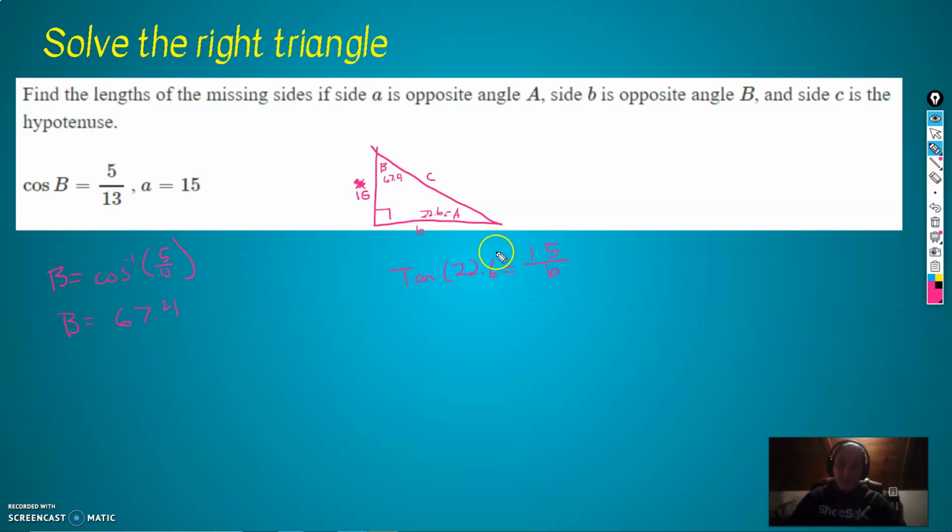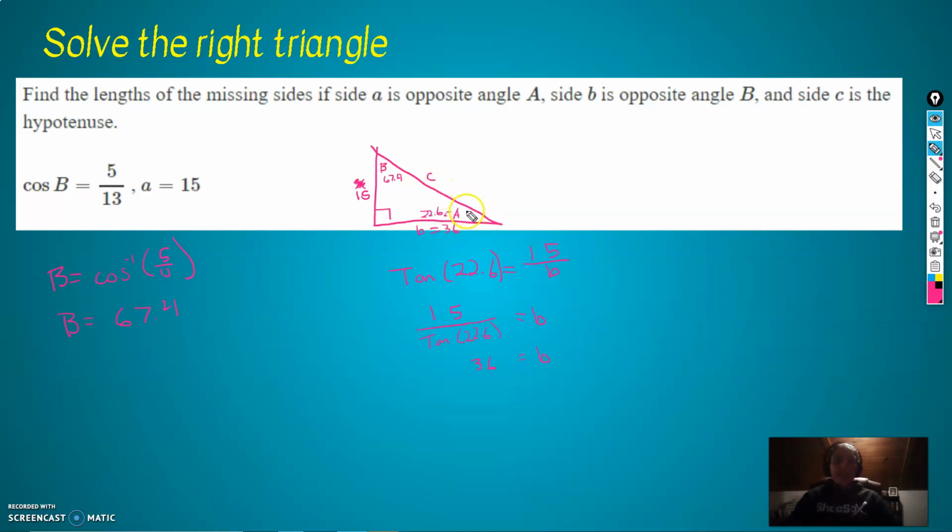Now I solve for b, so I'm going to end up with b equal to 15 over the tangent of 22.6 by algebra. So b is 15 divided by tan of 22.6, which is 36. So side b is 36, and I'm rounding.